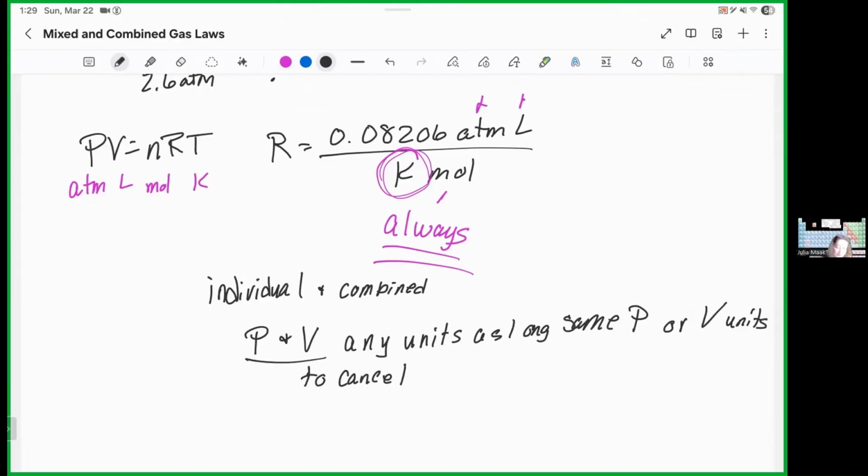Pressure could be in millimeters of mercury as long as they're both in millimeters of mercury. Your volume can be in milliliters as long as they're both in milliliters. But your temperature, always, always, always has to be in K.